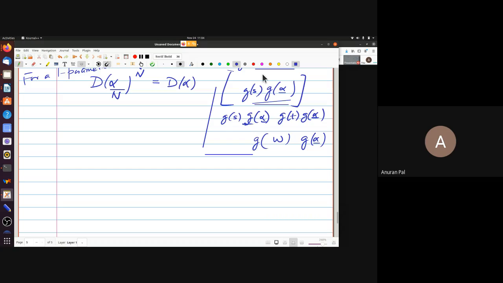G alpha bar is not additive, so I cannot cancel out. Even if it were, the alpha bar would cancel, and you will not be left with G alpha bar at all. So he meant G alpha bar inverse G S G alpha. Yes. Then if I'm multiplying it, G alpha bar and G alpha bar inverse will cancel out.